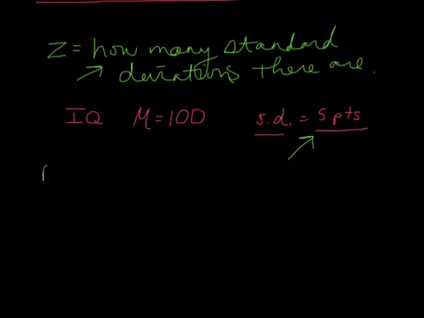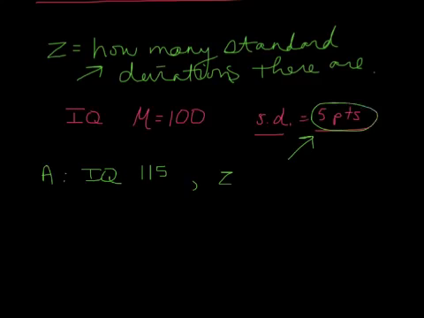So if I have person A and they have an IQ of, let's say, 115, and you have to calculate their z-score, I'm not even going to give you the formula. I want you to just for a second think about it. A z-score is how many of these that person is.